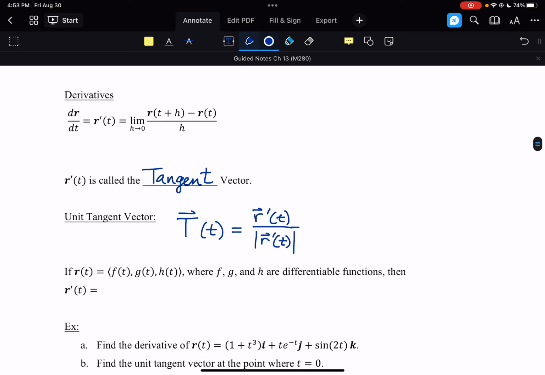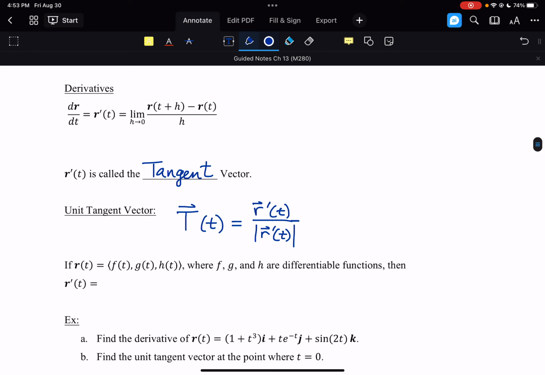Now when it comes to differentiating vector functions, we have this three-component vector f of t, g of t, h of t. It turns out we can derive using limits that the derivative works exactly the way we would want it to for these vector functions.